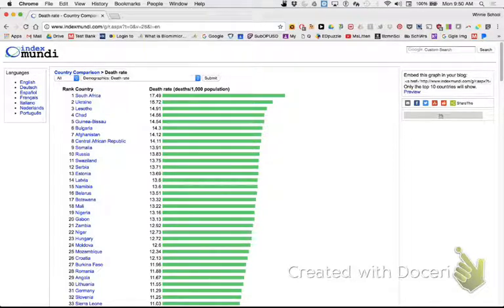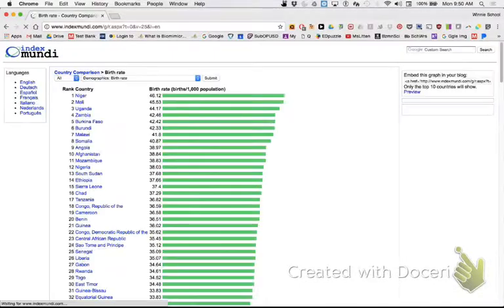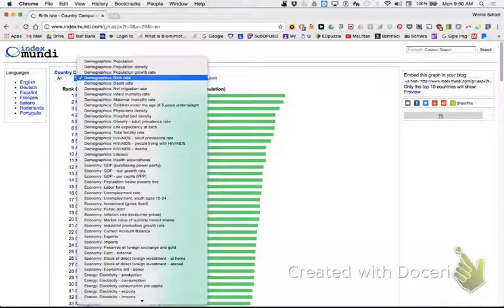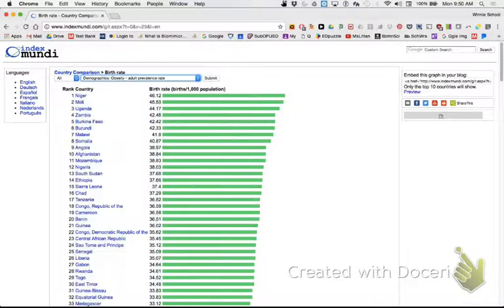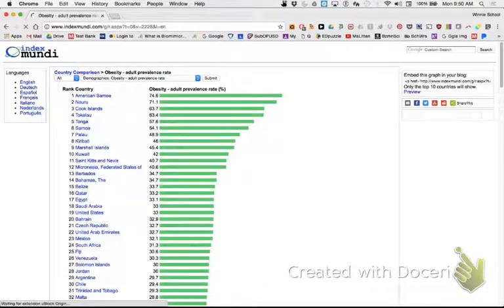And then same thing if we wanted to do it based on the birth rate. Okay, so 46 births per 1,000 people. Is there anything else you, oh, obesity, let's try this. Where do you think it's the highest? Americans most.